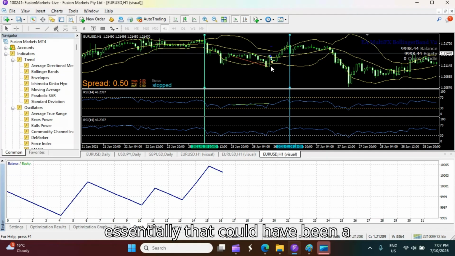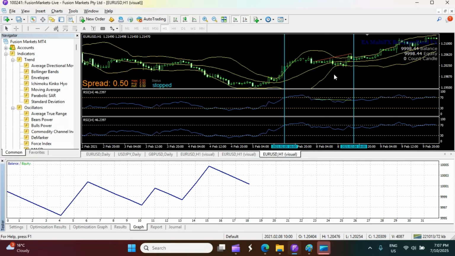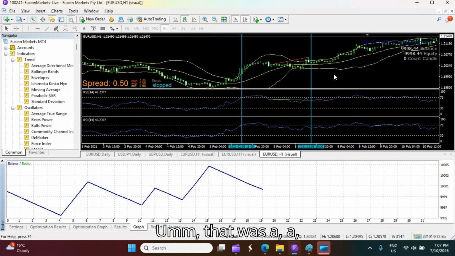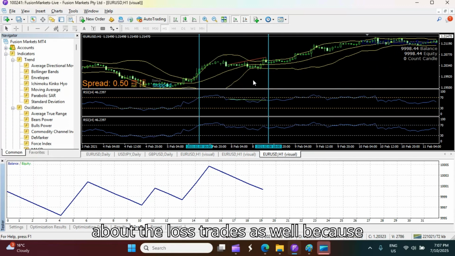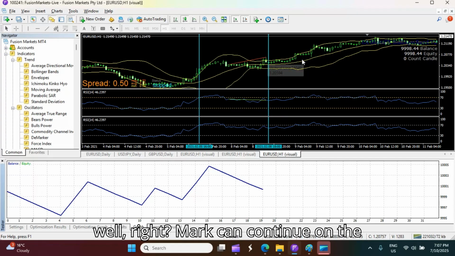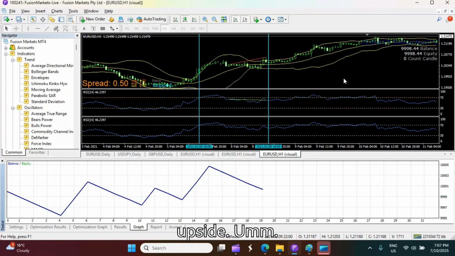Now, essentially, that could have been a winning trade right there. That was a losing trade. It's important to talk about the losing trades as well, because that's where you mostly do your learning from. That didn't go too well, right? Market continued on the upside.